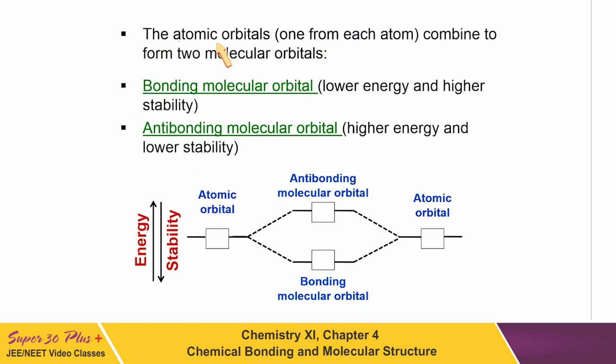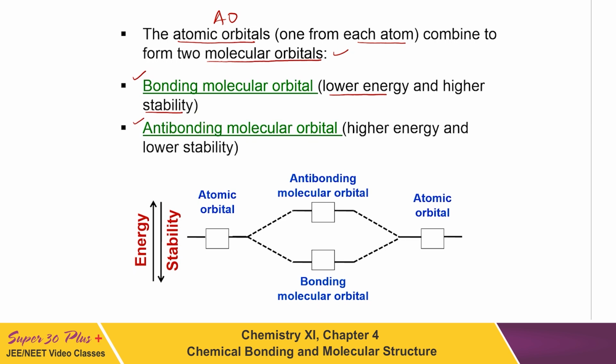The atomic orbitals belonging to each atom combine to form two molecular orbitals. These molecular orbitals, which belong to the molecule, are themselves of two types: bonding molecular orbital and anti-bonding molecular orbital. Bonding molecular orbitals are those which are lower in energy and higher in stability.